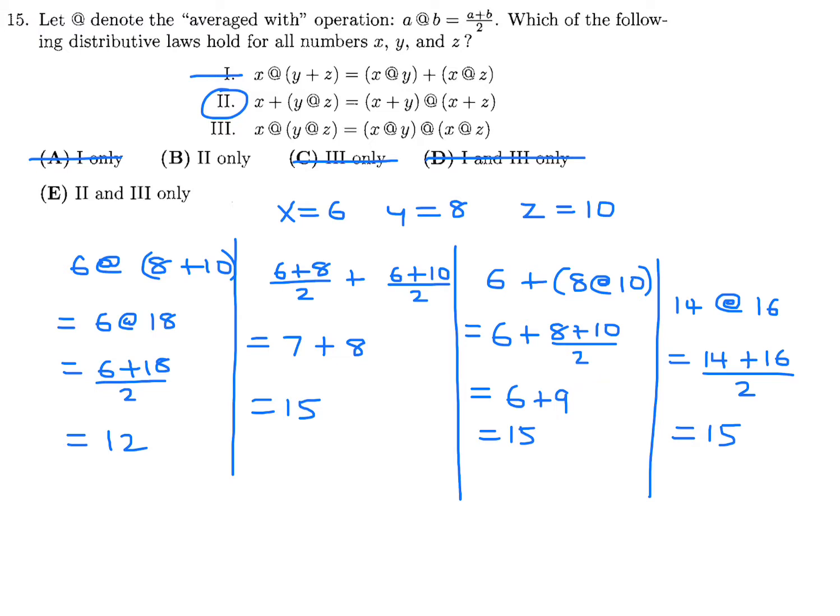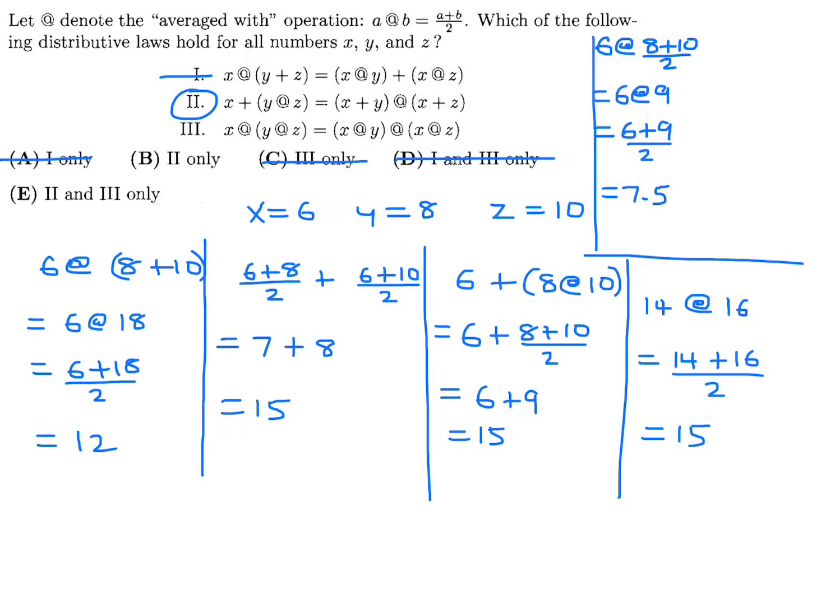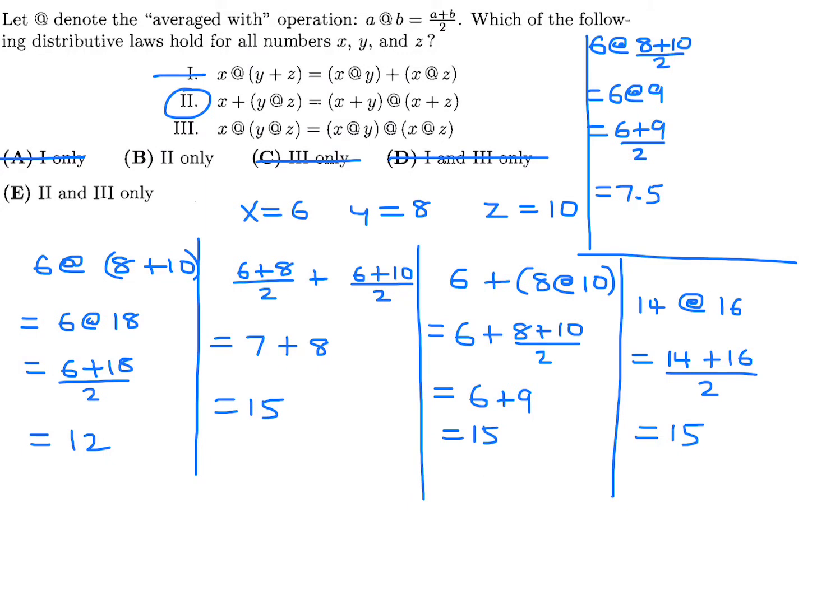All right, I think I can do it in the same screen here. Now let's look at number 3. X at y at z. Okay? So that means you have 6 at y at z is 8 plus 10 divided by 2. So that's 6 at 9, and that's just going to be 6 plus 9 divided by 2, which is 7.5. And then finally, let's look at that guy. That is going to be x at y.